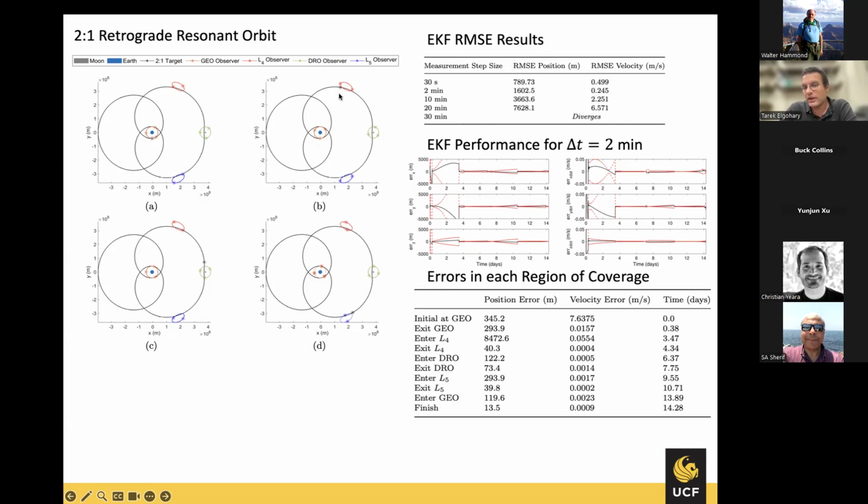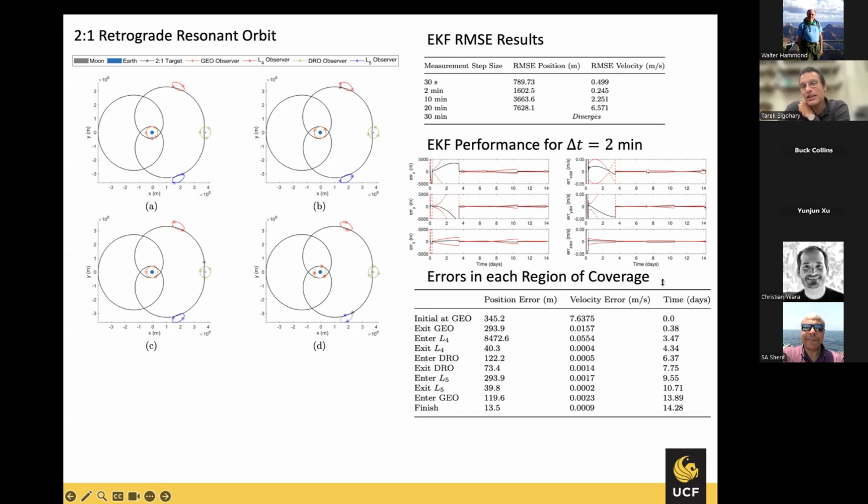While we have custody, we experimented with the frequency of measurements, starting from 30 seconds all the way to 30 minutes, and we found the threshold is about 20 minutes. Beyond that, the filter diverges and looks at the wrong place. Okay, I'm surprised that your position errors are so small. Me too.